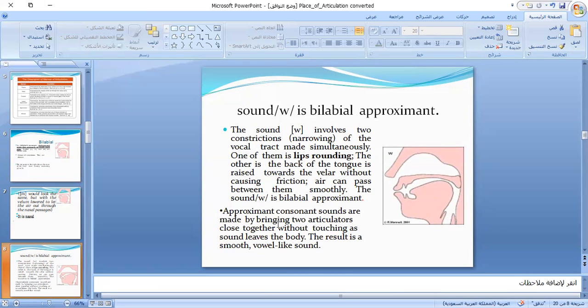Approximant consonant sounds are made by bringing two articulators close together without touching. They don't touch each other. There is still a space between them. The result is a smooth vowel-like sound. It's not a vowel, but it is vowel-like.